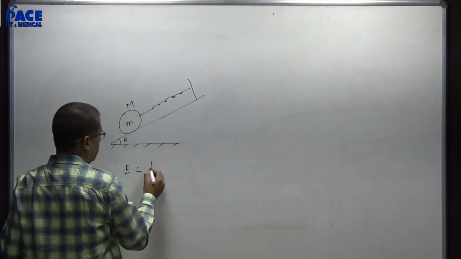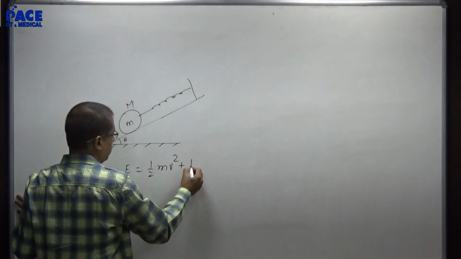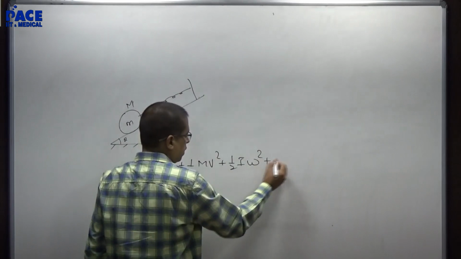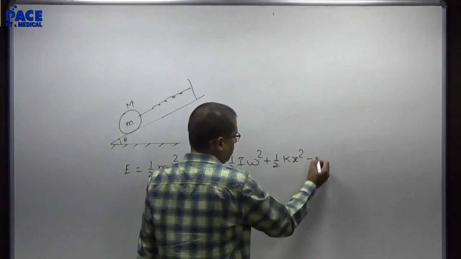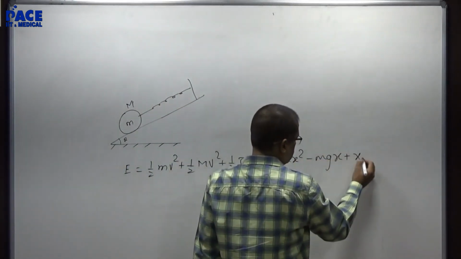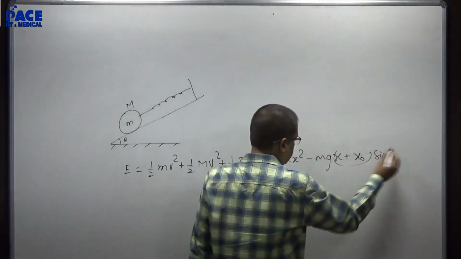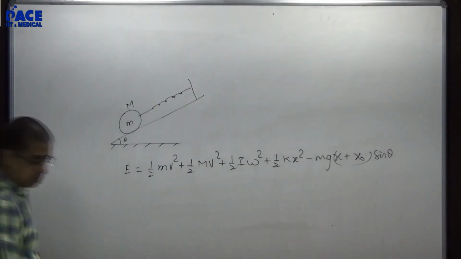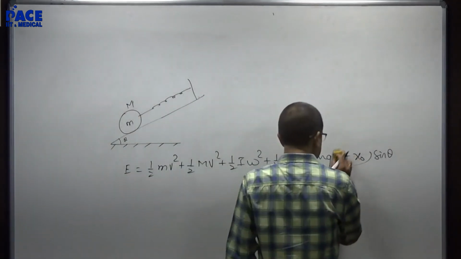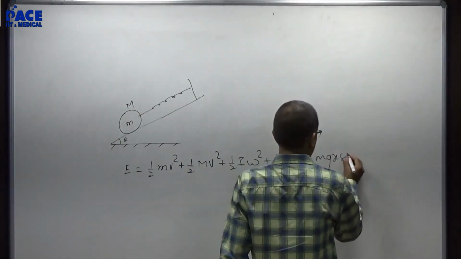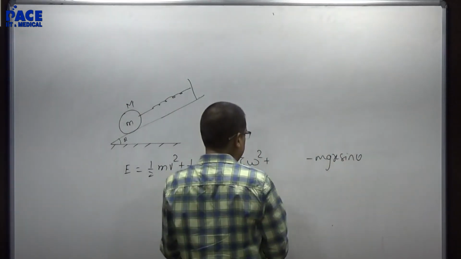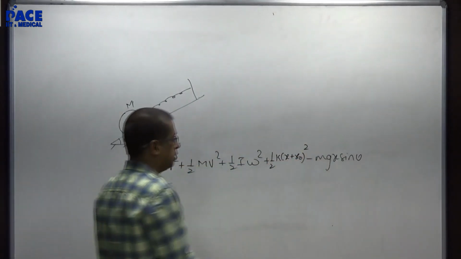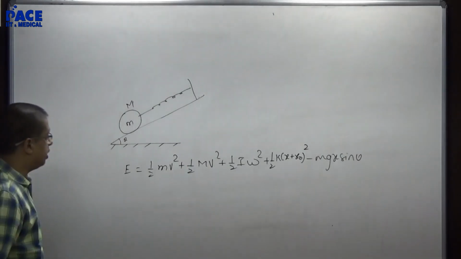Energy relation will be equal to half small m v square plus half capital M v square plus half I omega square plus half kx square minus mg x sin theta, and this will become half k (x plus x naught) whole square. From the equilibrium it went down by a distance of x.